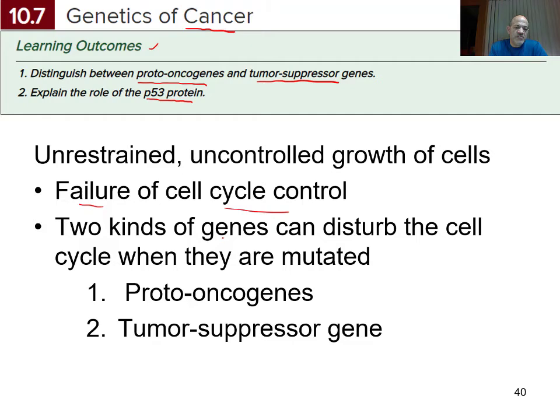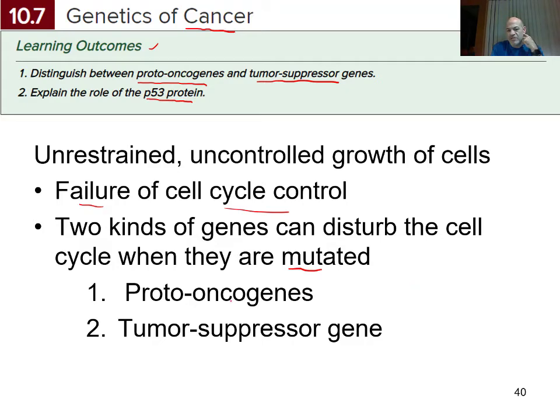And we see that there's a connection to certain kinds of genes. There are two kinds of genes that, when mutated, can result in uncontrolled cell growth and the formation of tumors and cancer. One group is called proto-oncogenes, and onkos is cancer. So if you're an oncologist, then you would be one who is studying and curing cancer.